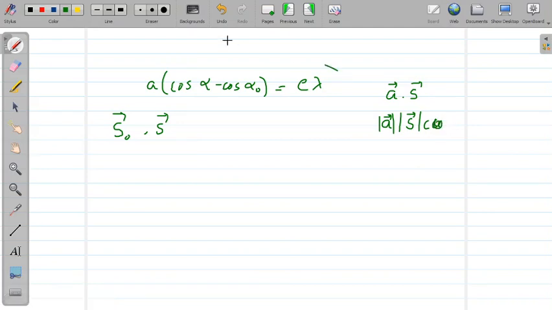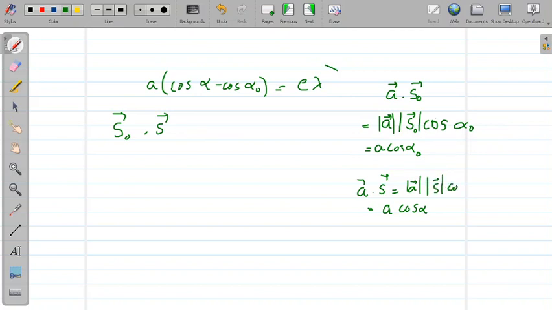So a bar dot S0 bar is a cos alpha 0. Similarly, a bar dot S bar is the magnitude of a bar into the magnitude of S bar, which is 1, into the cosine of the angle between the diffracted ray and the line of atoms, which is alpha. So a bar dot S bar is a cos alpha.